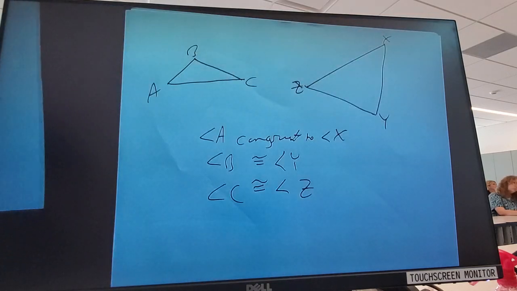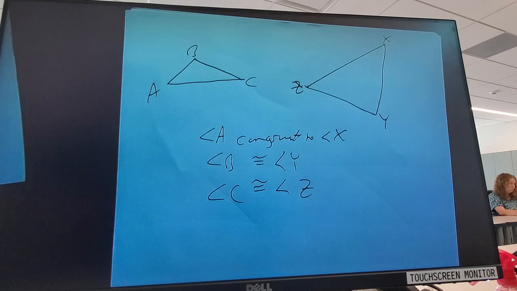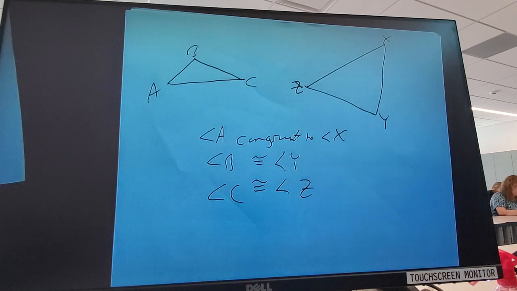Can you guys identify which sides are similar? And I'll show you a better way to write this, by the way. Can somebody give me two sides that would be involved?